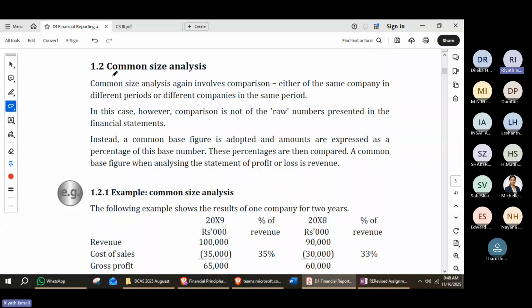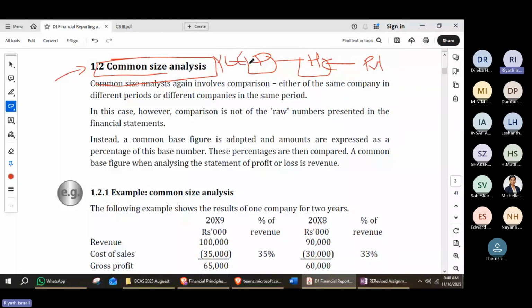Now, due to this kind of problem, the solution is common size analysis. Say, when you compare Dialog with Hutch, Dialog cannot say our profit is higher than Hutch, because Hutch is a private company and Dialog is a PLC.